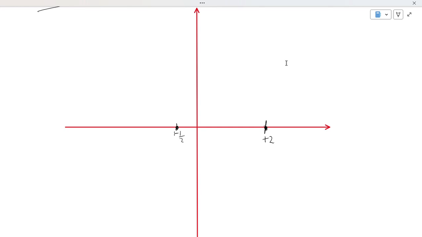No, it's negative 0.75. Just try to plot it for me there. So let's look here.